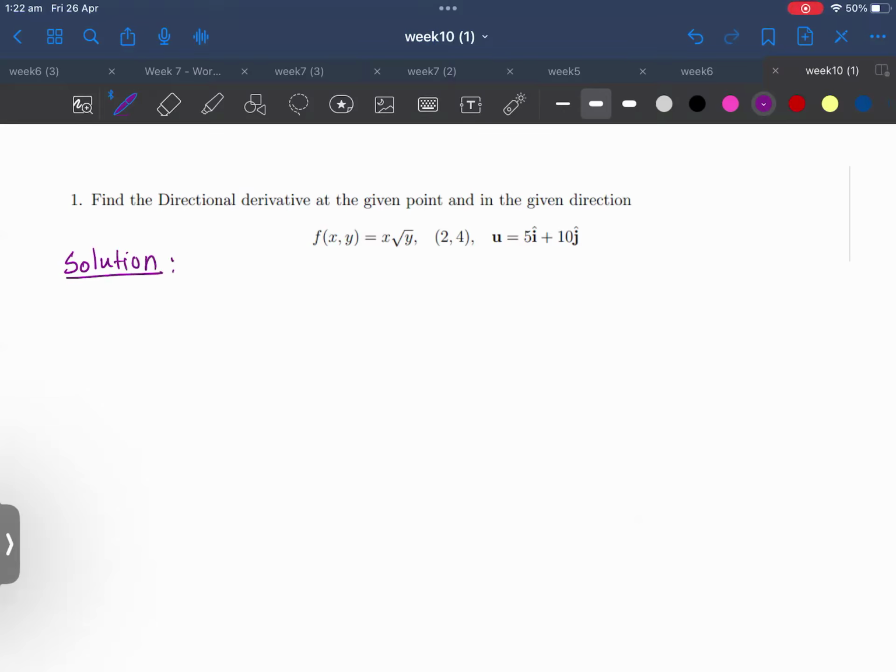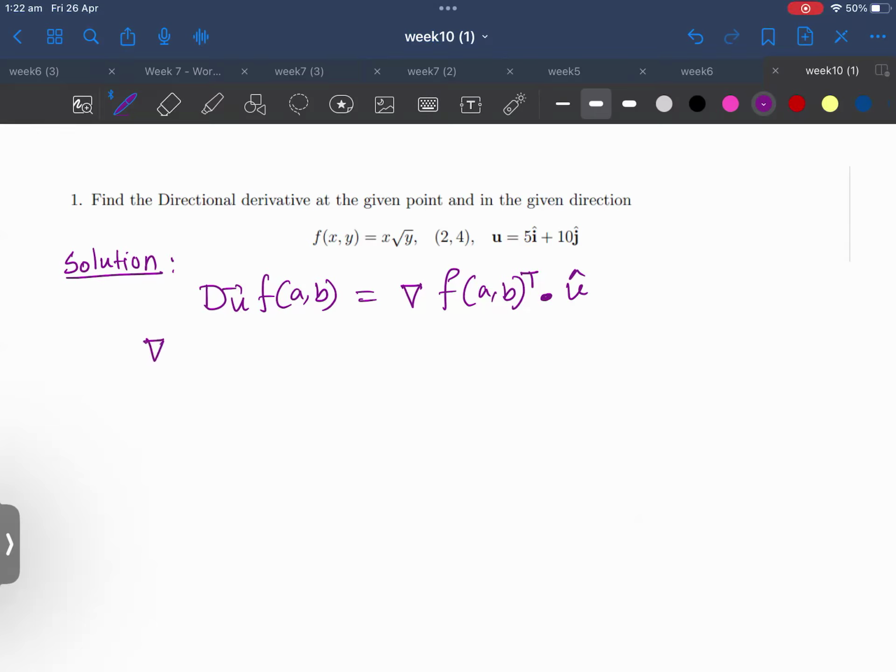You can write down first the directional derivative formula. So D_u f at (a, b) equals, this is nabla, this is a Greek symbol nabla, ∇f at (a, b), transpose t, dot product with the unit vector u.